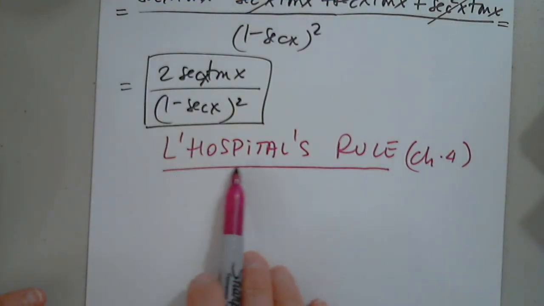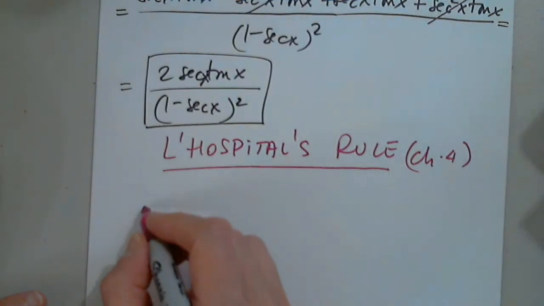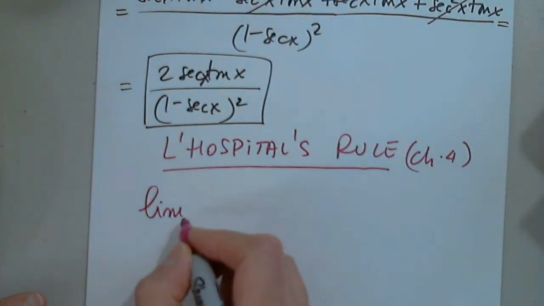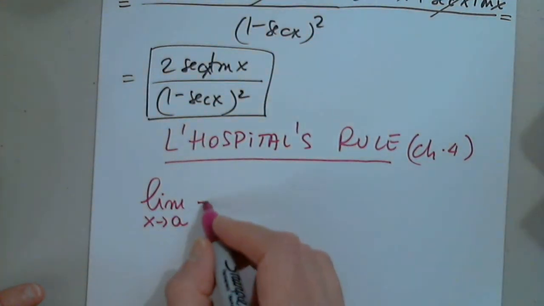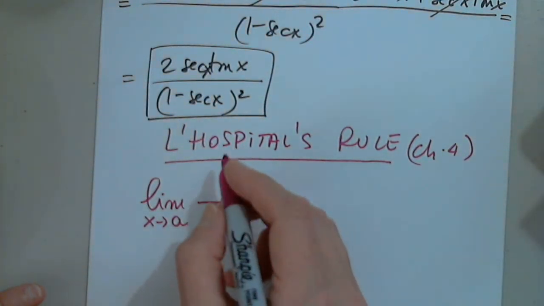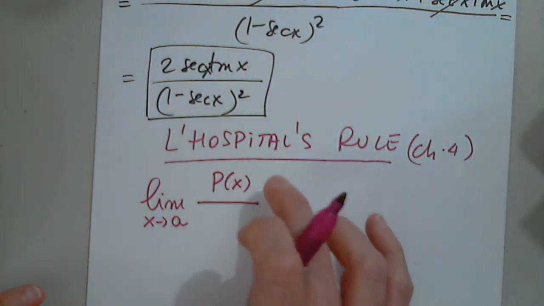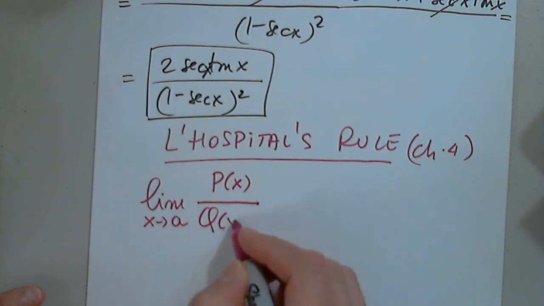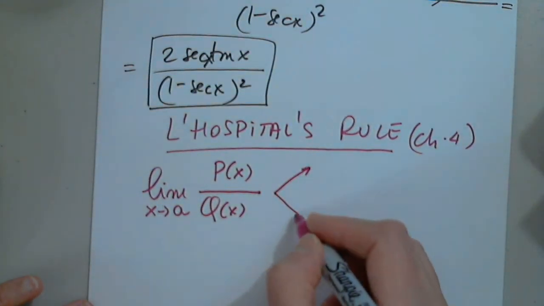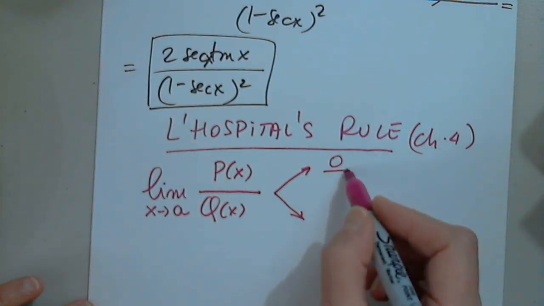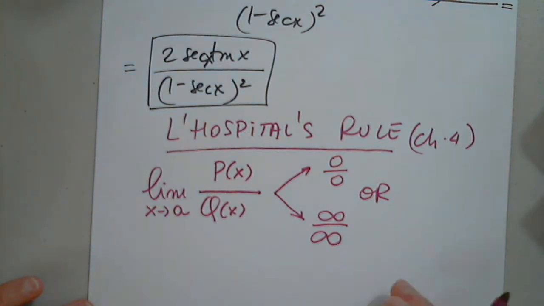What did this mathematician show? He showed this: if I have a limit as x approaches a number of a ratio, let's say a rational function, one polynomial at the top and one polynomial at the denominator, and the initial estimation is 0 over 0 or infinity over infinity.